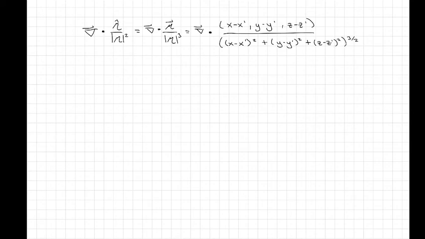Again, we're just putting in what our separation vector actually is here. This 1/2 comes from the fact you have to take the square root to calculate the magnitude, and then you've got the power of 3 up here.